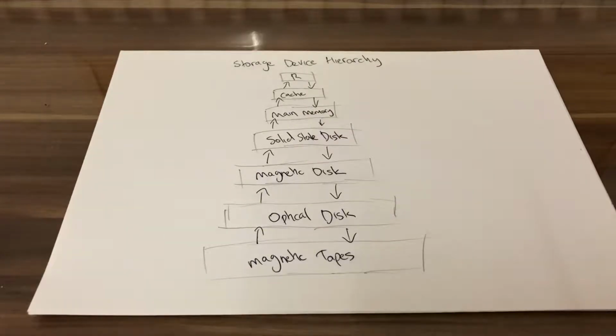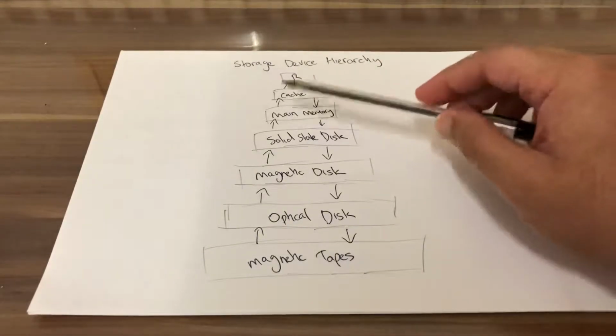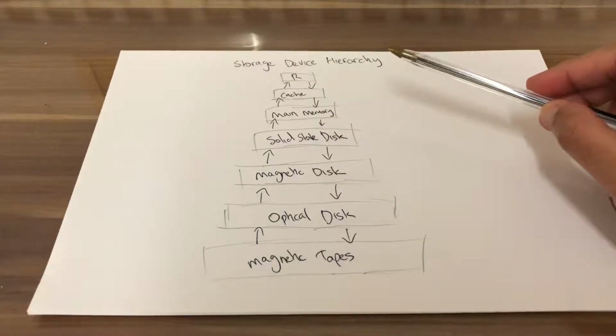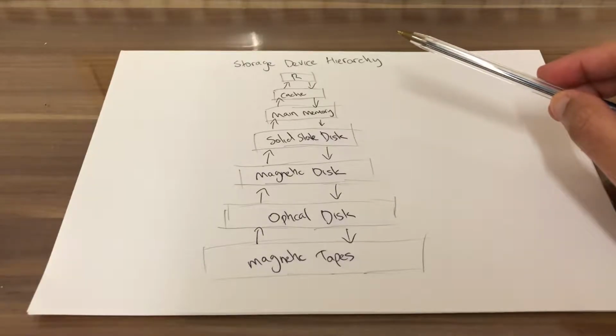In fact, many early storage systems, including paper tape and core memories, are relegated to museums now that magnetic tape and semiconductor memory have become faster and cheaper. The top 4 levels, cache, main memory, and solid state disk, may be constructed using semiconductor memory, which is either volatile or non-volatile.